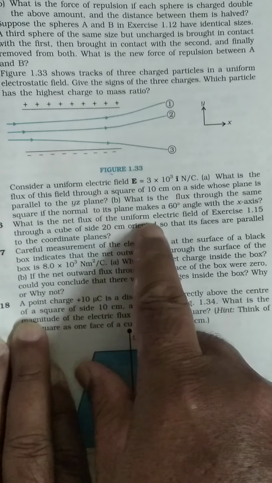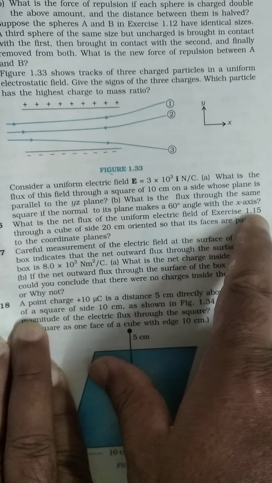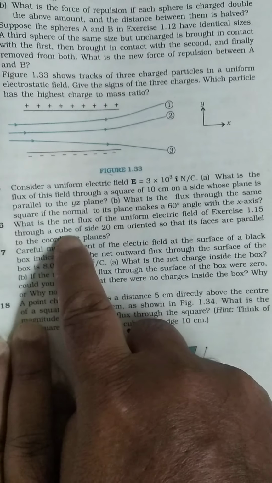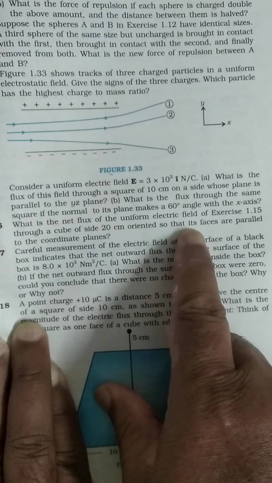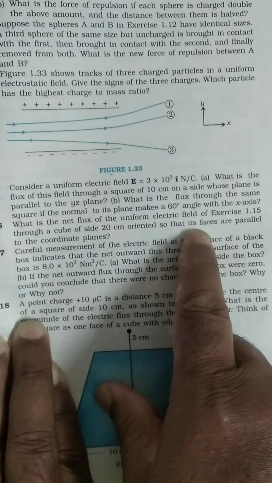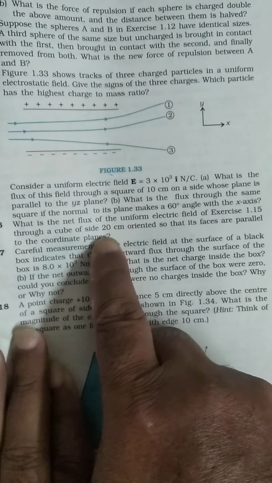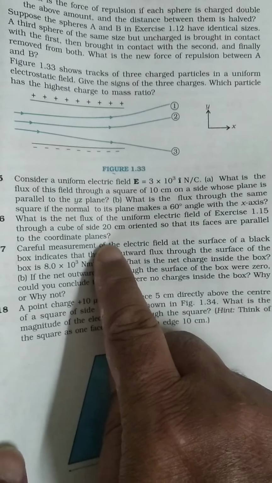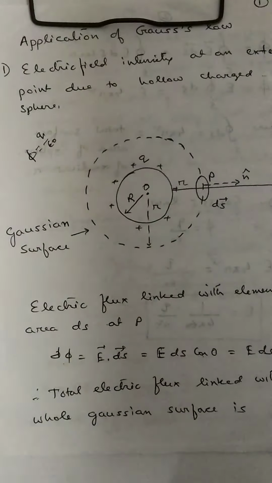What is the net electric flux of the uniform electric field of exercise 1.15 through a cube of side 20 centimeter, oriented so that its faces, means faces of the cube, are parallel to the coordinate planes? Is it okay? The same numerical as that of 1.15.